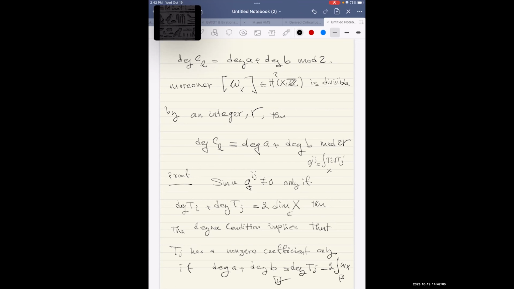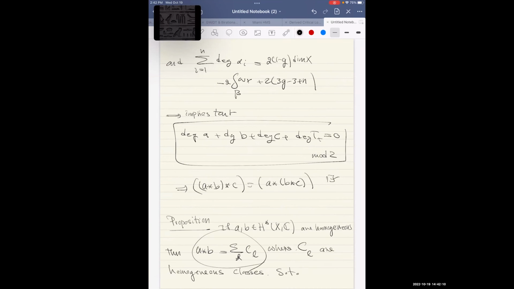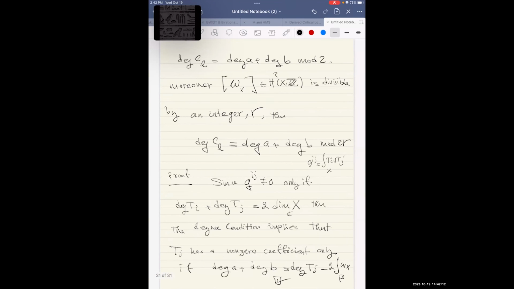So you expand the product and look at the coefficient of Tj, and then you can see that if A and B are homogeneous elements, then this condition needs to be satisfied.